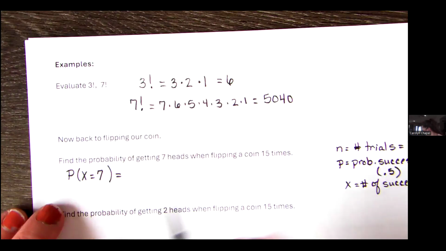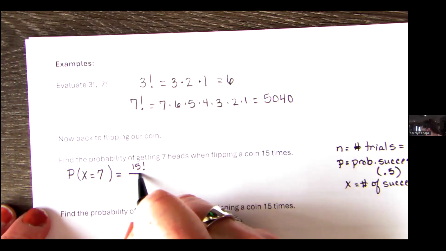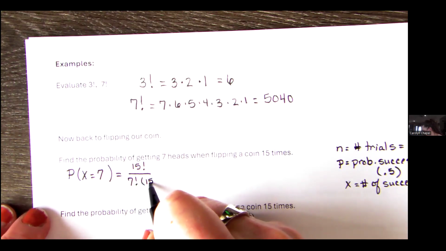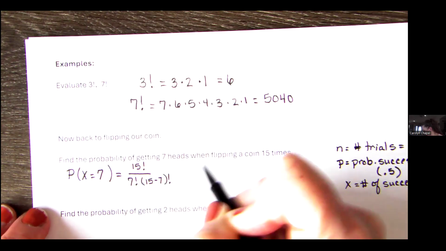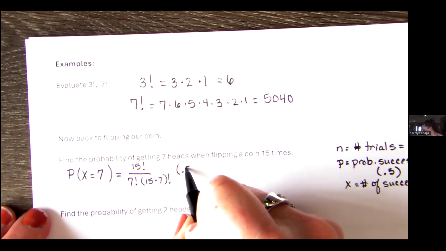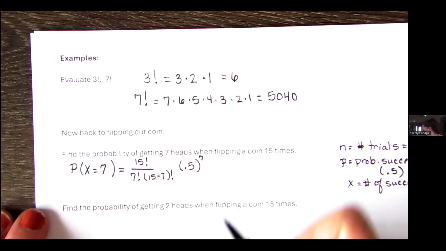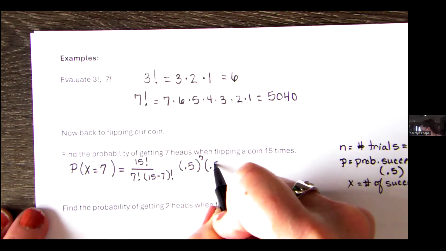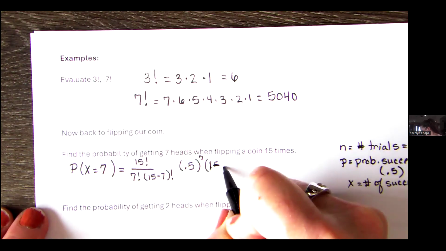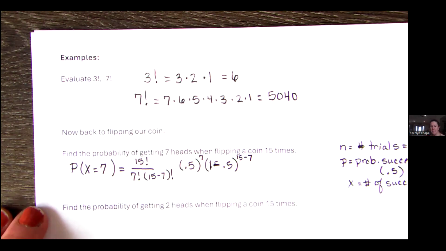Okay, so I'm going to go into my formula and put all of those pieces in. So I have 15 factorial over 7 factorial times 15 minus 7 factorial. Then I'm going to be multiplying this by my 0.5 raised to the 7th power, and then my 1 minus 0.5 raised to the 15 minus 7th power.